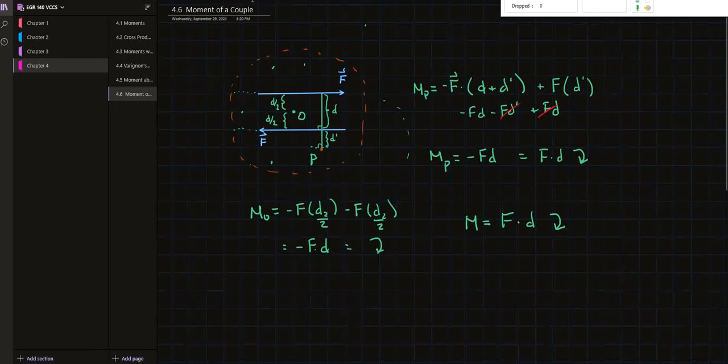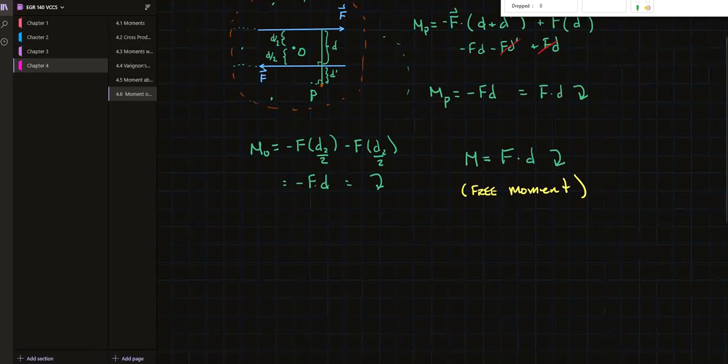Since we can take this moment about any point, anywhere really, this is what we call a free or floating moment. We can put it anywhere we want. And keep in mind, we always have the right-hand rule to guide us here. The right-hand rule dictates that a moment that rotates in this direction is positive.